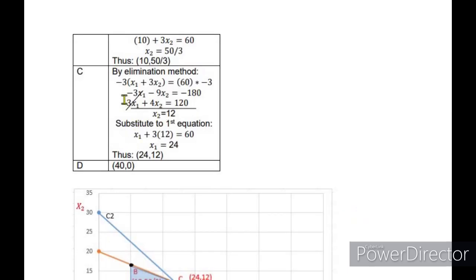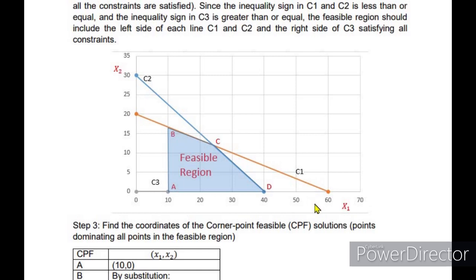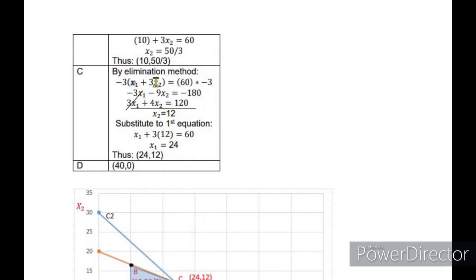So for letter C, it is by elimination method. It is between the constraint 1 and constraint 2 because they are the ones who intersect with each other. So you notice that this is the constraint 1 and this is the constraint 2. We just multiply the constraint 1 with negative 3 for us to eliminate the first term, because negative 3x sub 1 plus positive 3x sub 1 is 0.